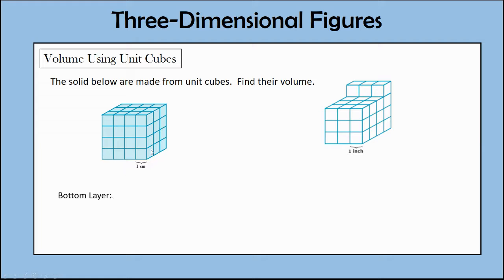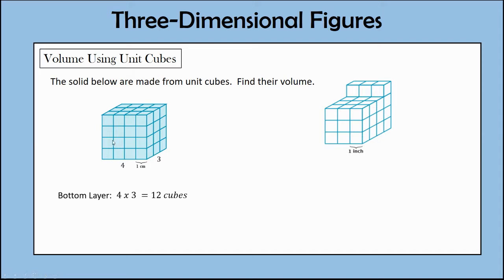So the first thing we'll do is look at the bottom layer. This thing is 4 by 3, so if we look just at the bottom layer, there'd be 12 cubes that fit across the bottom. And then the way our formula works for volume is how many layers of those 12 cubes do we have?